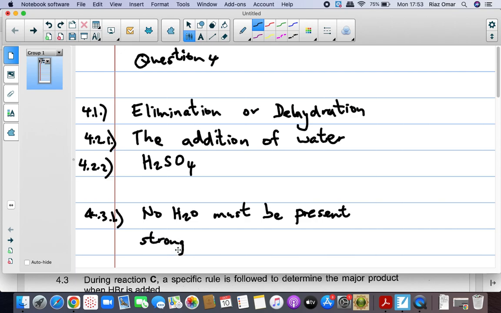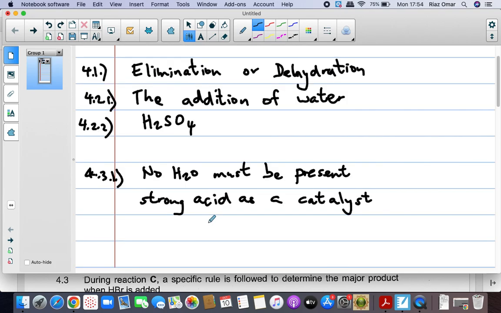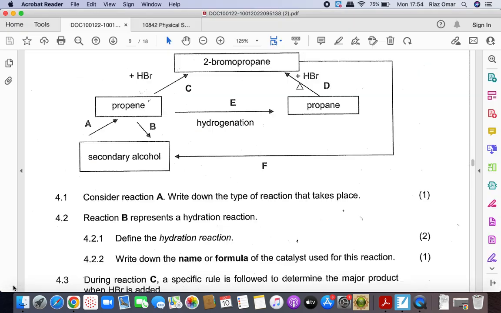Use a strong acid like H2SO4 as a catalyst. Okay, we can say that, 4.3.1.